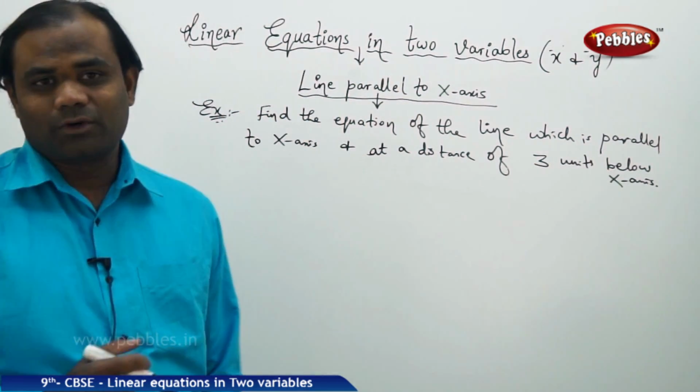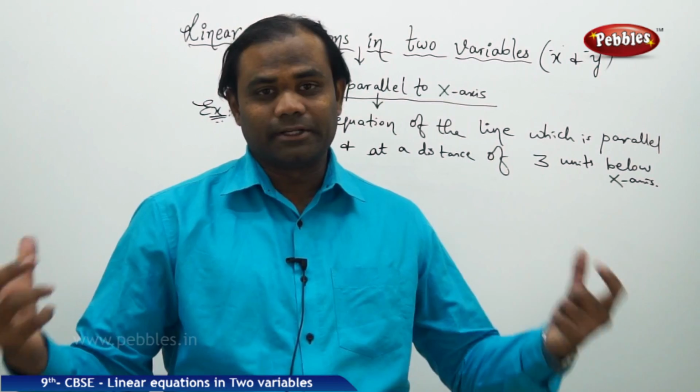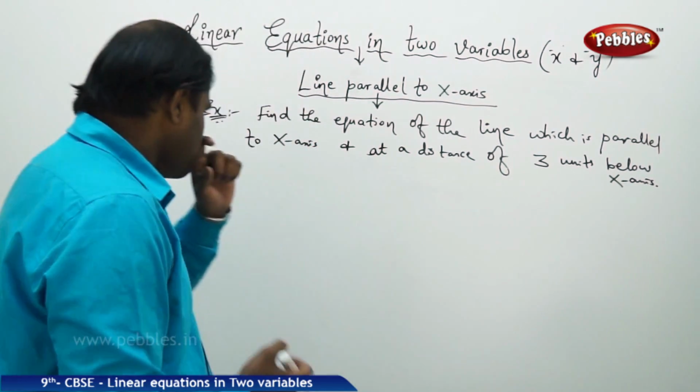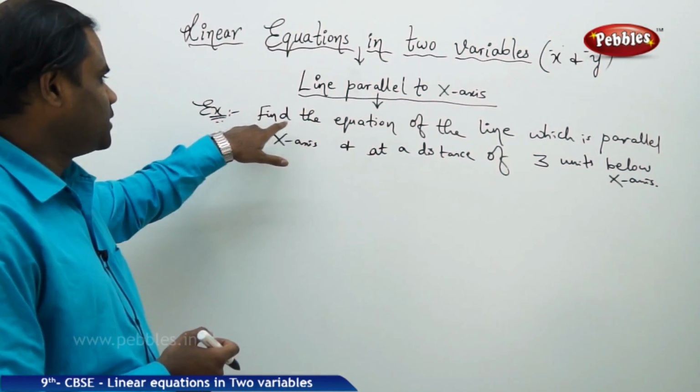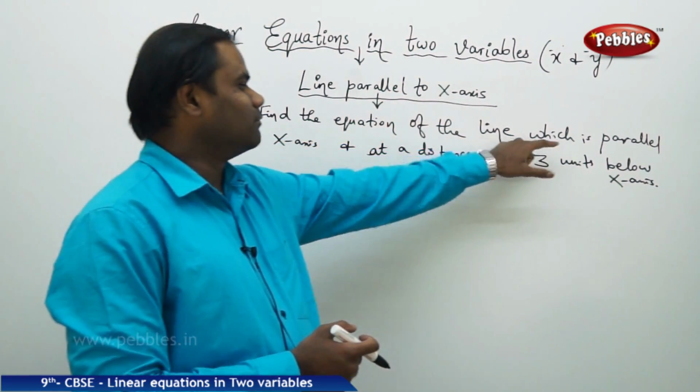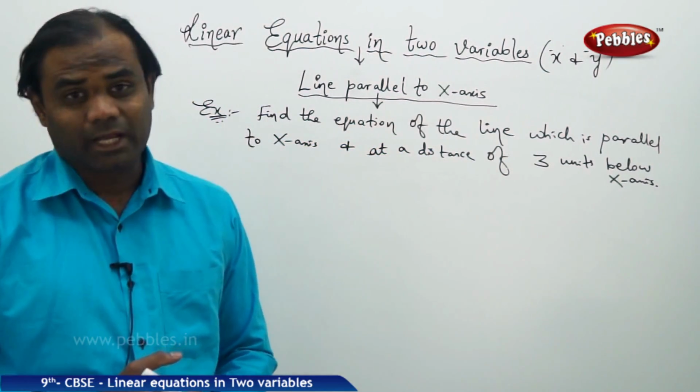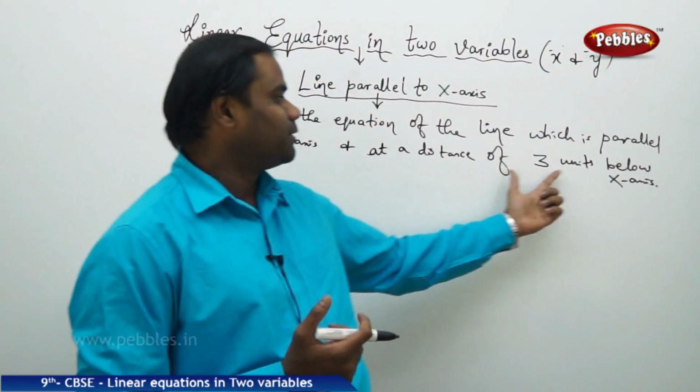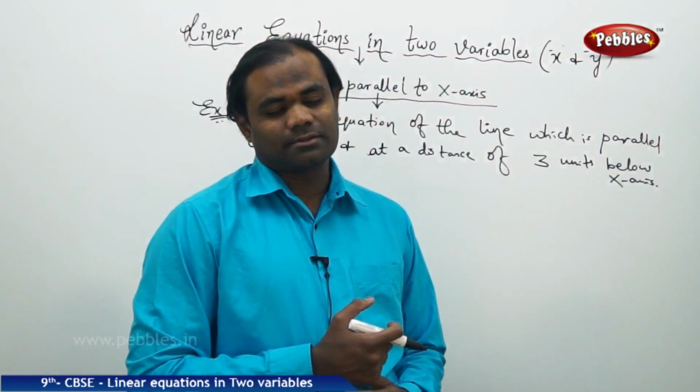Now here I have a question which has various conditions taken into account. For example, the question here is find the equation of the line which is parallel to the x-axis and which is at a distance of 3 units below the x-axis.